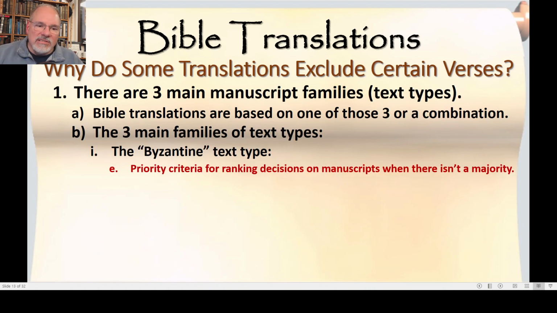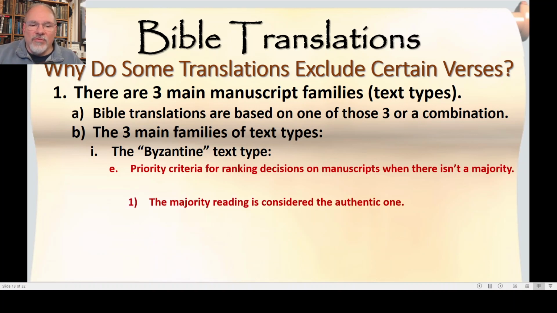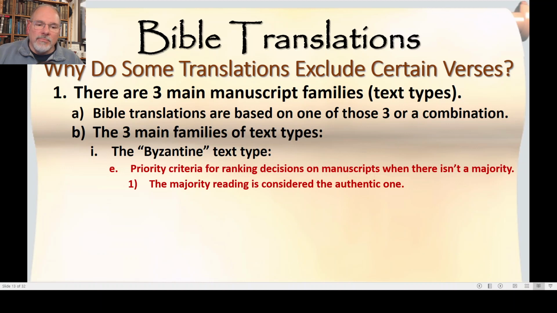So this is how they make their decisions, the criteria. There's a ranking for decisions within the majority. So if you're dealing with over 5,000 manuscripts, the majority reading, in other words, within a sentence or verse, is considered the authentic one. It's very simple, right? If for some reason there's not a majority, if there was a 50-50 split or just multiple combinations, antiquity is invoked as the next priority.